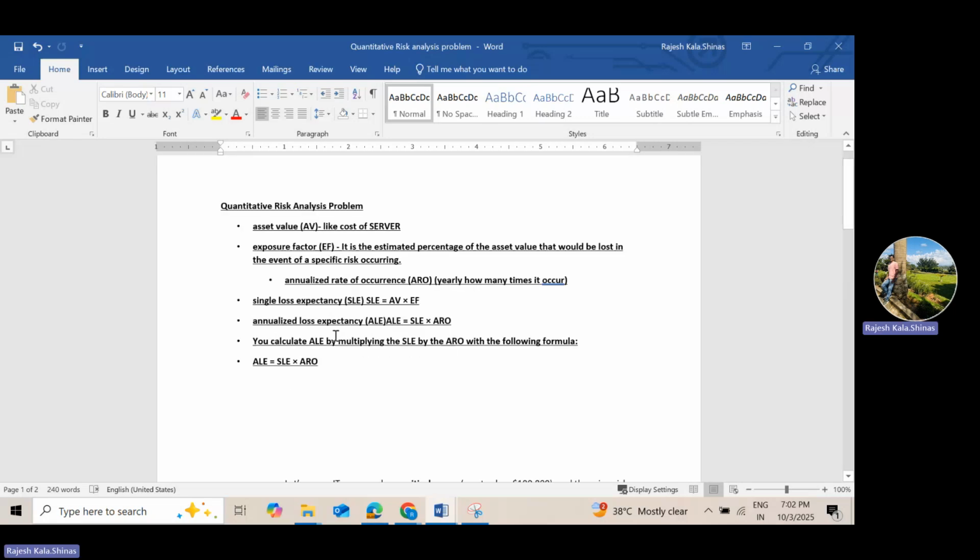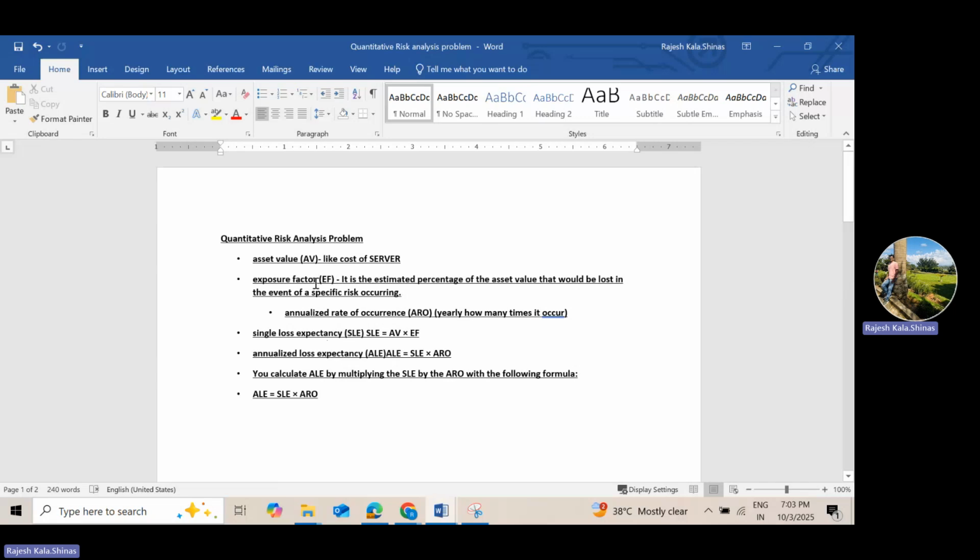This is the theory part. Again, I'm repeating. We have a quantitative risk analysis problem, which means we analyze the risk in numbers. For a company, the asset value is, say, the server cost. Exposure factor: if a risk occurs, how much percentage of asset value will be lost. ARO means in a year how many times that risk occurs.